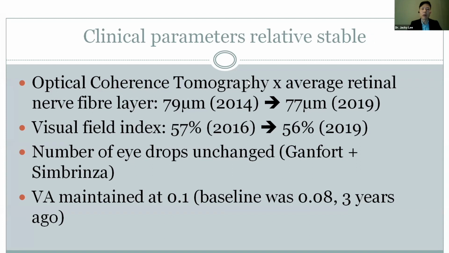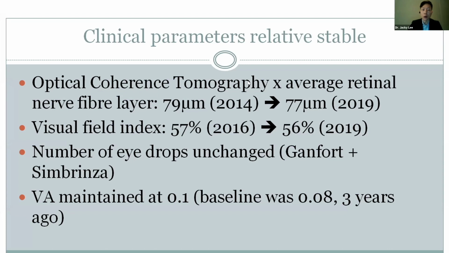The number of eye drops that he has been on remains unchanged, so he's still on 4 types of anti-glaucoma eye drops, but in fixed combination, so it doesn't affect his lifestyle that much. He's just applying Ganfort as well as Azarga over his eyes, and his vision has been maintained at 0.1, though mind you his baseline was only 0.08 to begin with at 3 years.